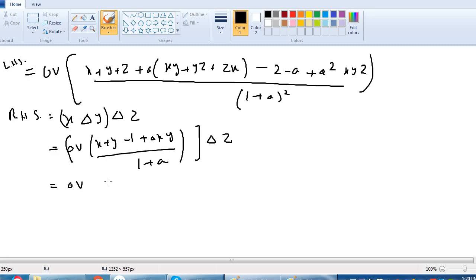We will have 0 union common, then we take this first x plus y minus 1 plus axy divided by 1 plus a as our x, and this z is our y. Then we again apply the T norm delta.